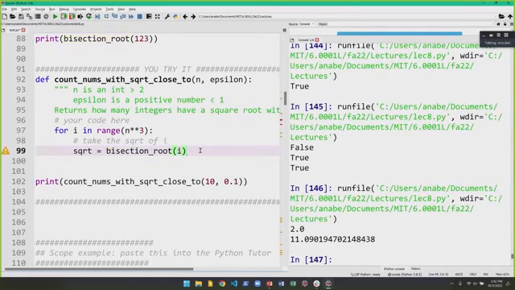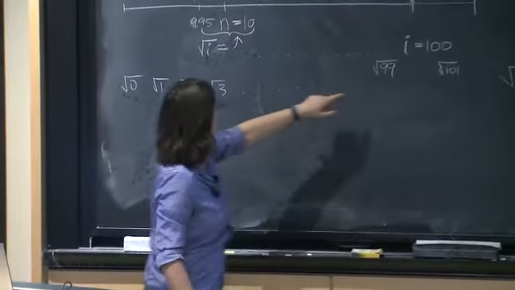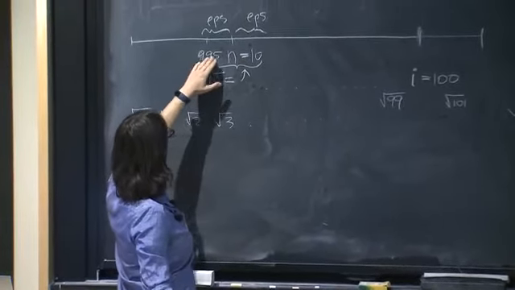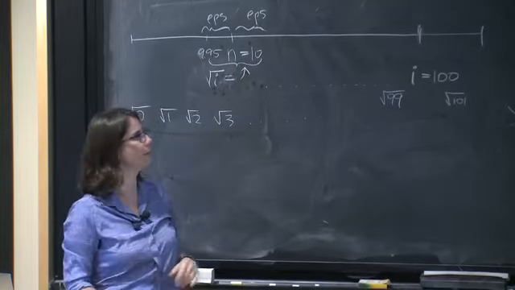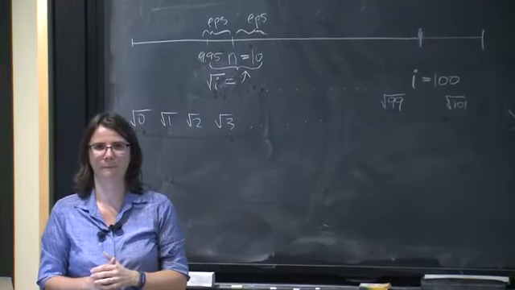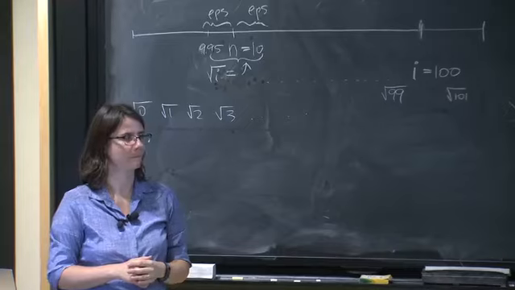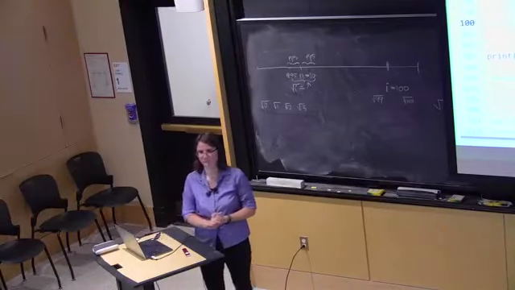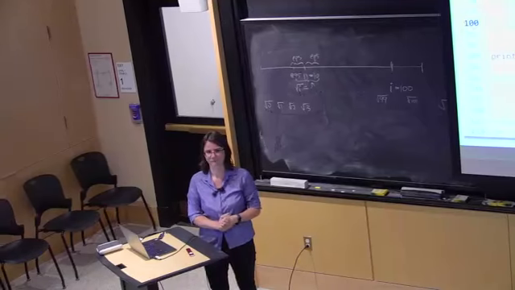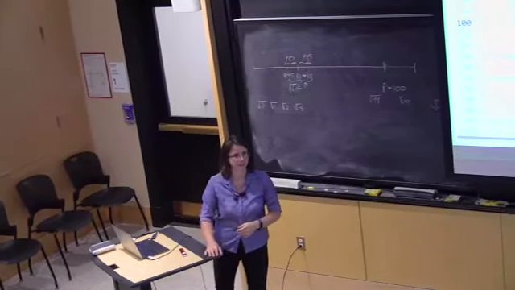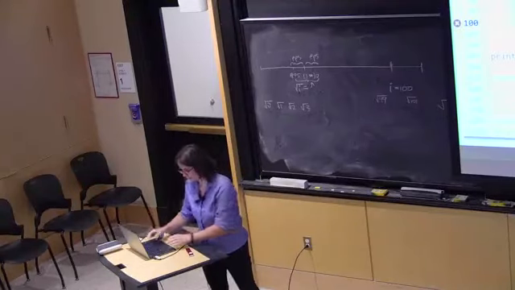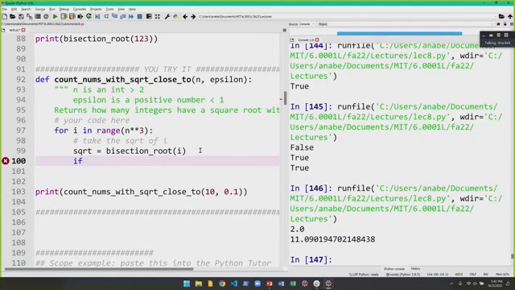So now sqrt is going to be some value here, right? It could be 10, it could be 99.5, it could be 99.7. What do I do with this number now? Yes, exactly. Let's use an if statement. And there are many ways we can use the if statement. We could do absolute value, right?